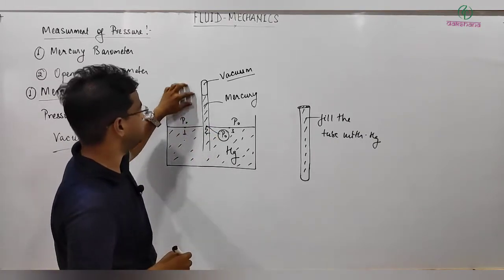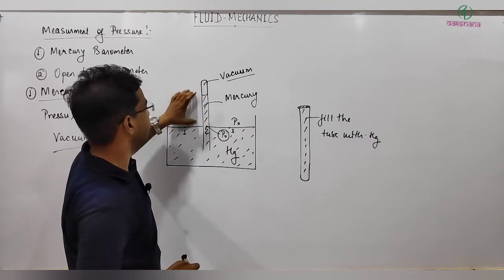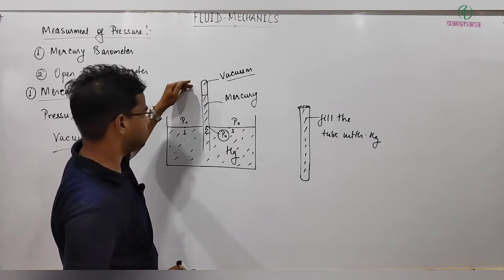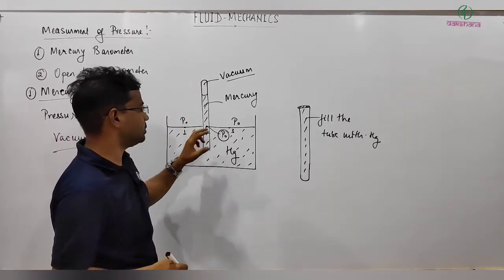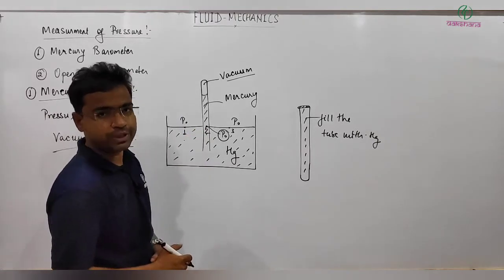If initially the level in this tube was higher, it will come down until the pressure at these two points becomes equal.